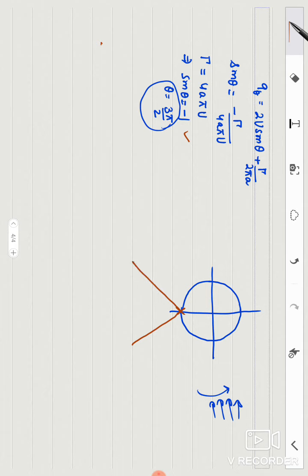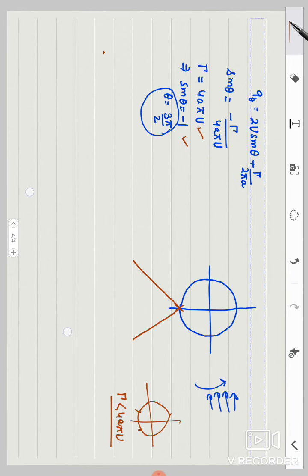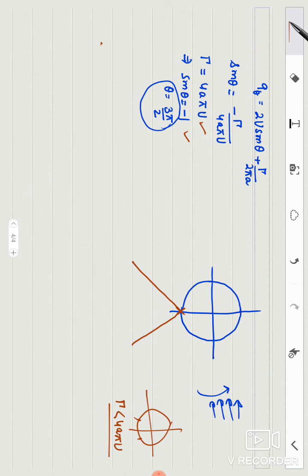If you look at the previous picture, there this was your cylinder and these were the stagnation points. Now these two stagnation points will come closer and meet at a point. You are seeing your gamma keeps on increasing. In the previous situation, gamma was less than 4 pi au. Now gamma has increased to equal 4 pi au, and so these two points will come closer, and this will be the stagnation point.